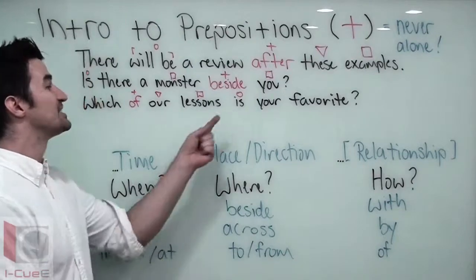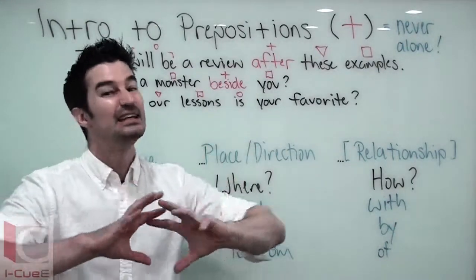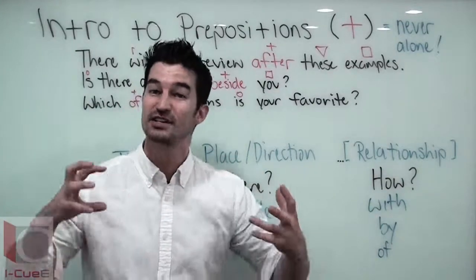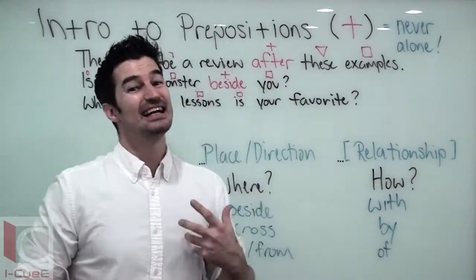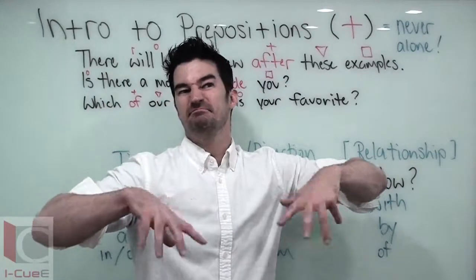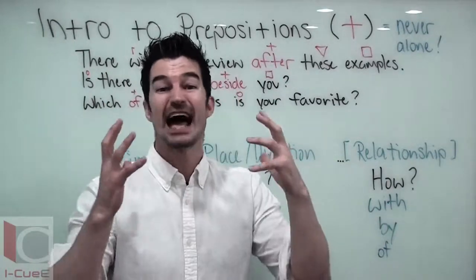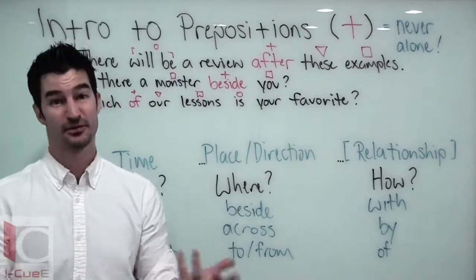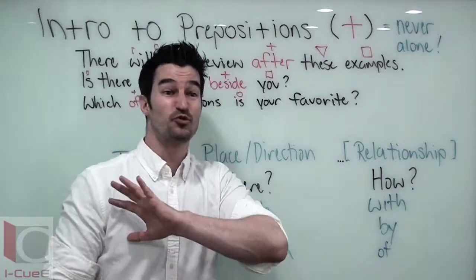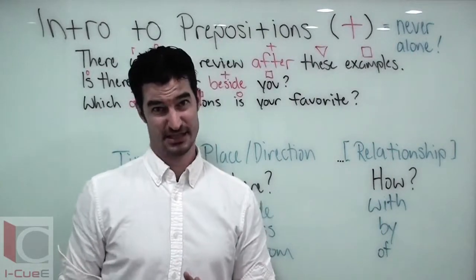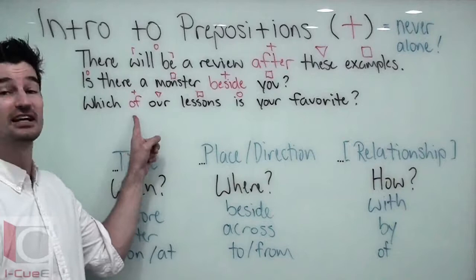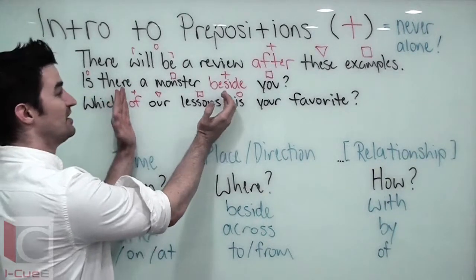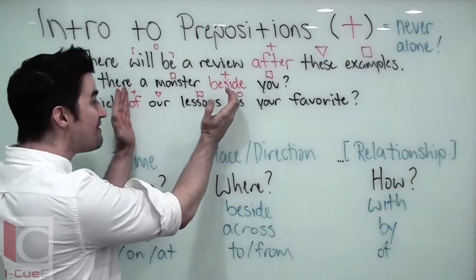And here, it's important to remember that while in most situations, the verb is the most important word to find in a sentence, it is not going to have a lot of bearing. It's not going to help that much when we're looking for prepositions or prepositional phrases, because verbs rarely have anything to do with prepositions. Here, the preposition of is talking about our lessons, right? So which, and then we're asking which of our lessons.